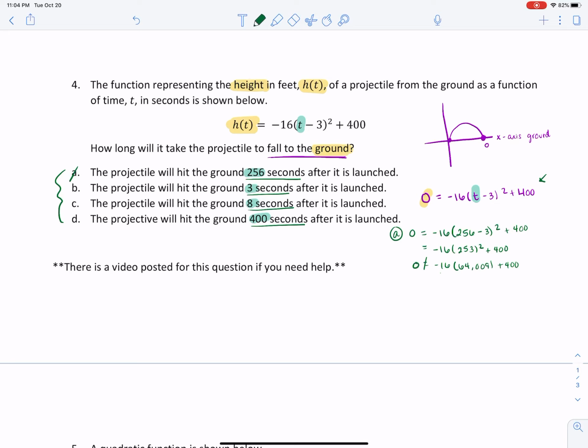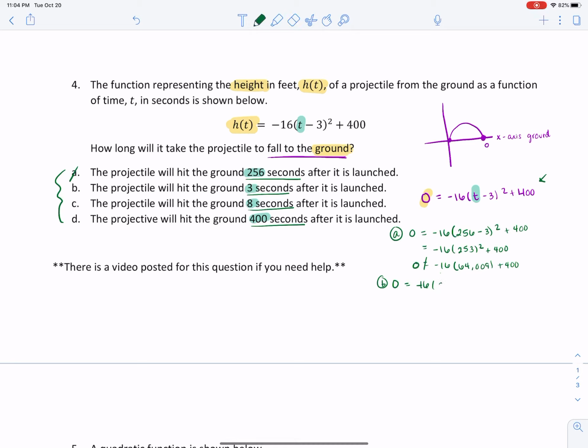All right, next. We're going to test answer choice B. So 0 is our new height, right? Equals negative 16, 256, oh, not 256, that's the number we're replacing.